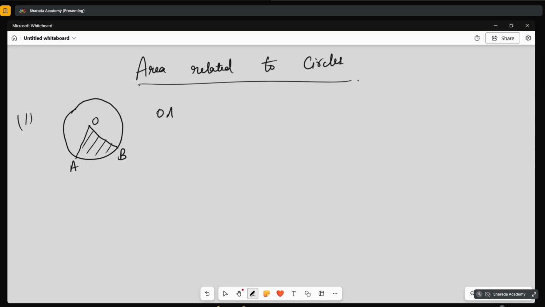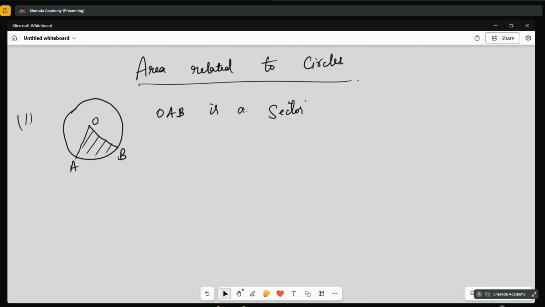So here, OAB is a sector. Be quiet. OAB is a sector. Okay, now we will study the next chapter, area related to circles. As the name itself says, we are trying to calculate the area related to circles. The first one is a sector.